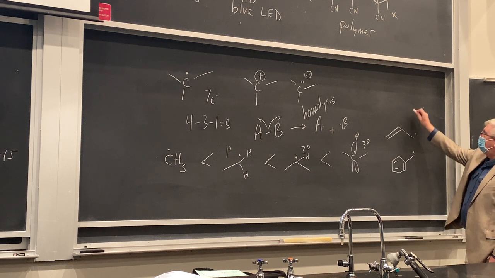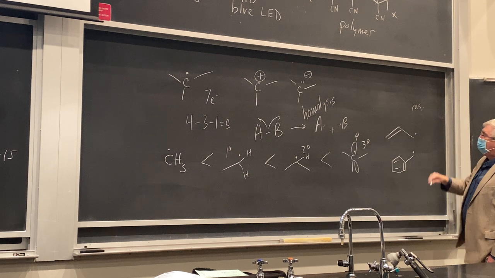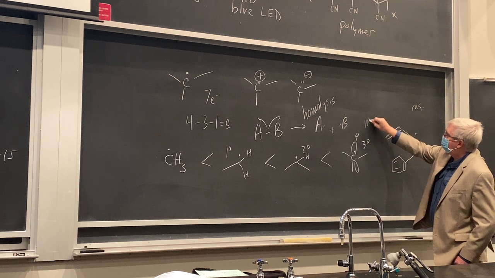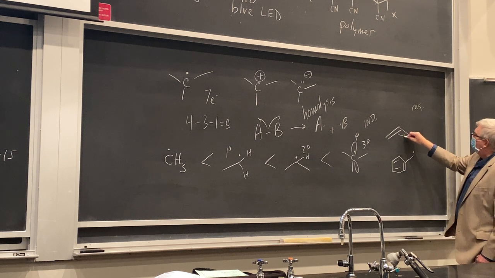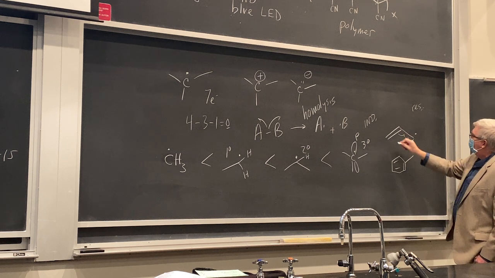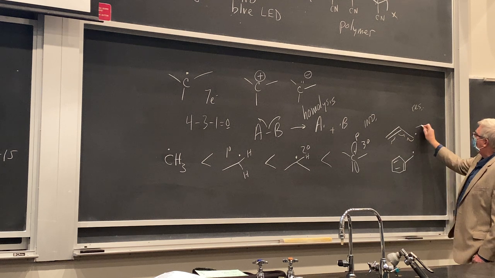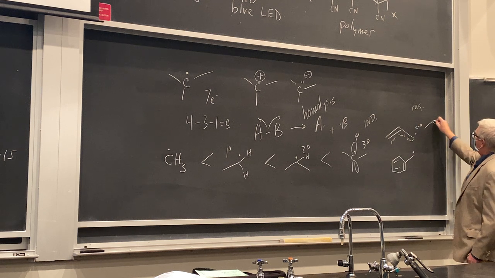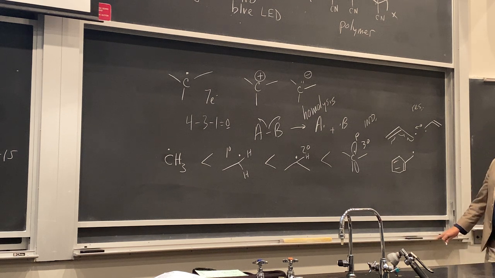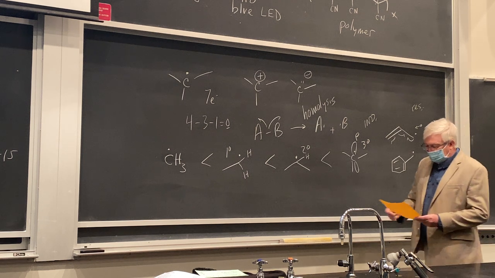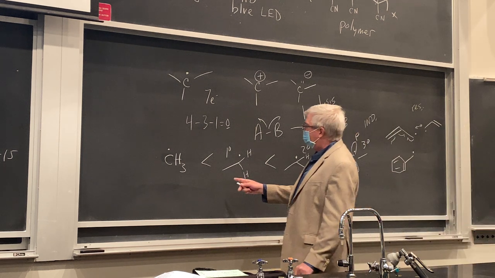No, what other effect do we have here? Resonance, right? So in addition to the inductive effect, we also have resonance stabilization. So can we draw a resonance contributor here? Yeah, so if we draw this, what do we get? We move the radical over to that position, okay? And that delocalization helps stabilize this, okay? And we see this in the bond dissociation energies also.